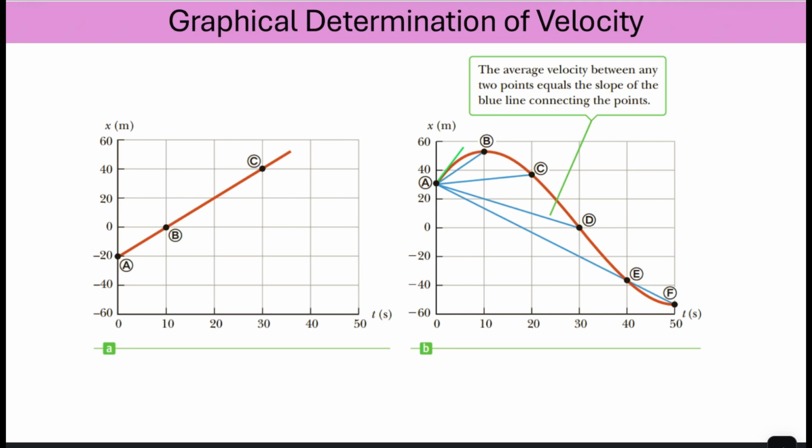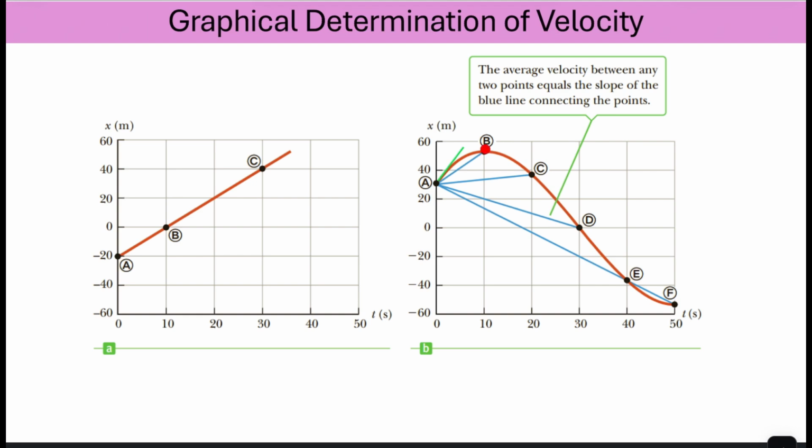For graphical determination of velocity, if we have here x versus t, and we compare it to the second graph, x versus t as well, the shape of the graph is not the same. If we refer to this, from point A to point B to point C, it's just a straight line, isn't it? However, this one will have a curved line. The average velocity between any 2 points equals the slope of the blue line connecting the 2 points.